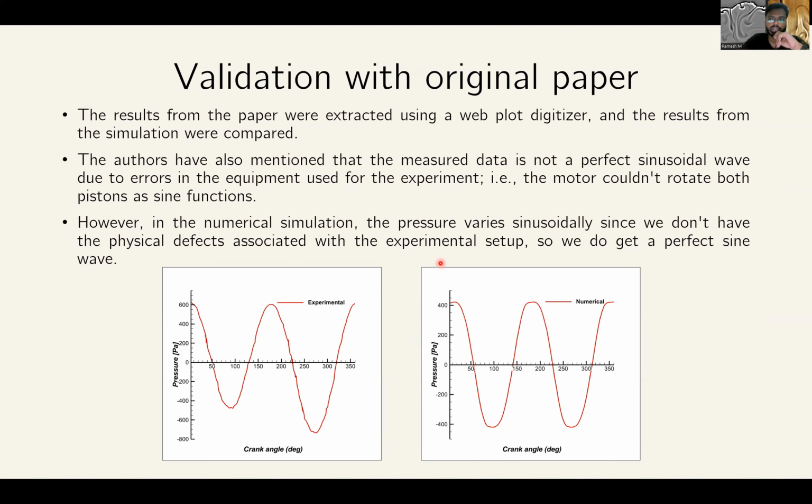Even though they might have used a good motor, physically it is not possible to rotate two motors perfectly in sync, so we get two peaks in that graph. Since numerically we don't have that limitation, we get a perfect sinusoidal wave.